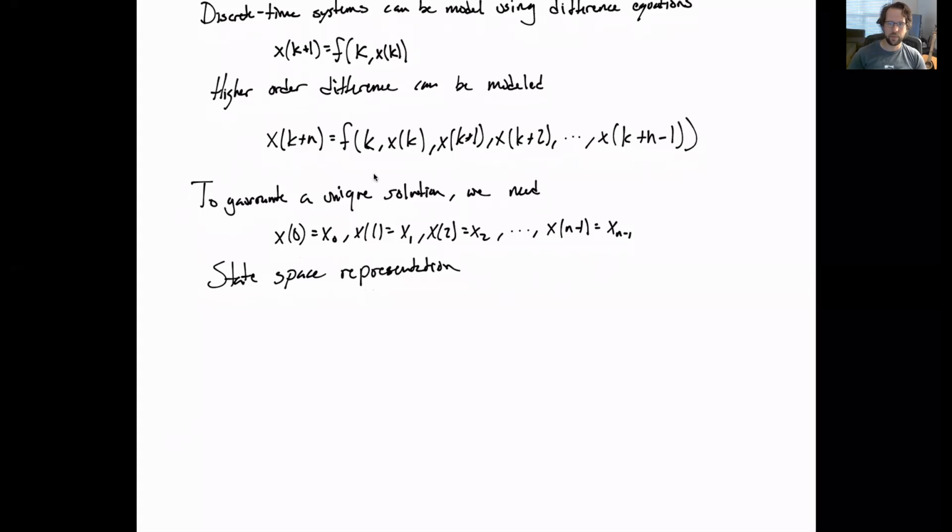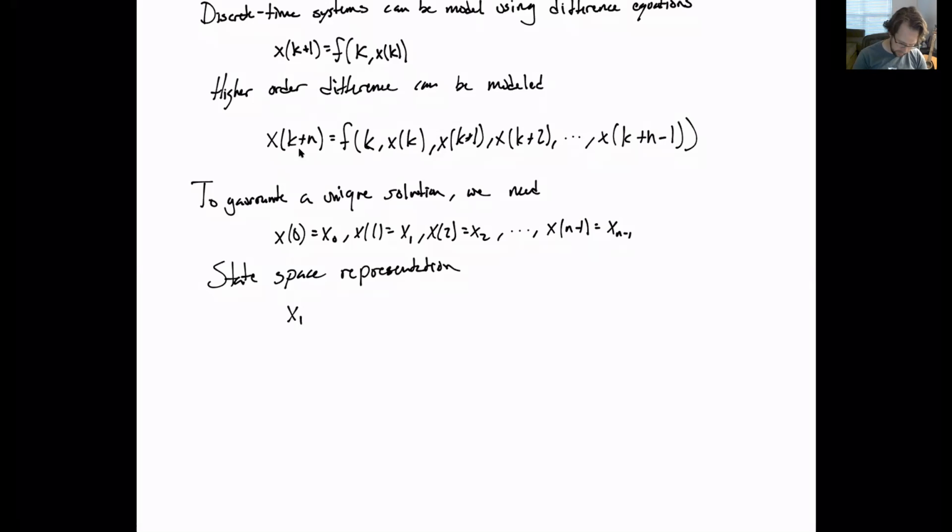Basically, for this, we can take this function up here, f, with an n degree system, and break it into n first order difference equations, just like with continuous time dynamics. We can take an nth order differential equation, and if it meets certain criteria, we can break it into n first order differential equations, right? We can do this by basically the same thing.